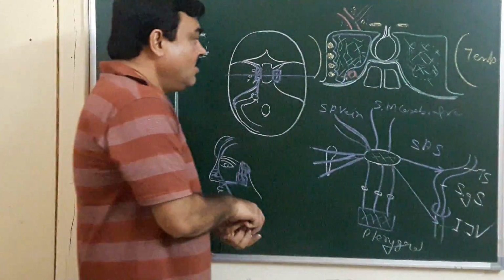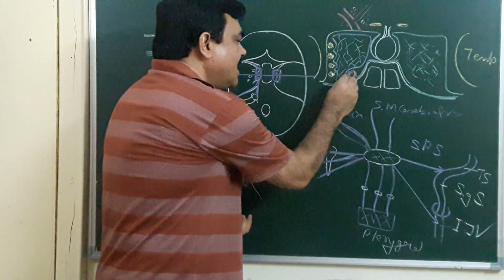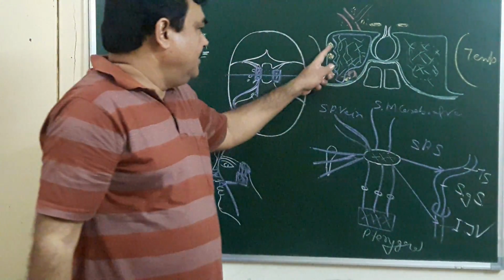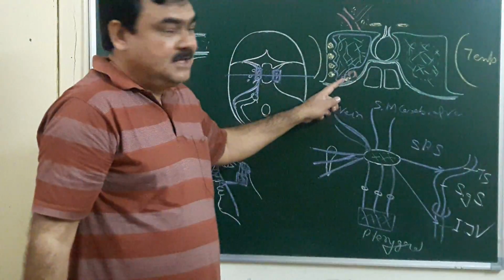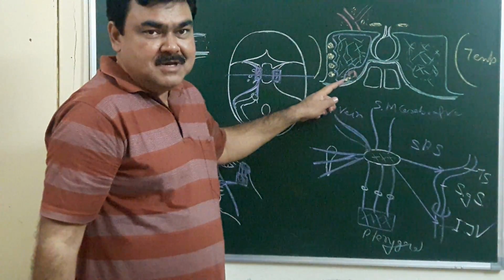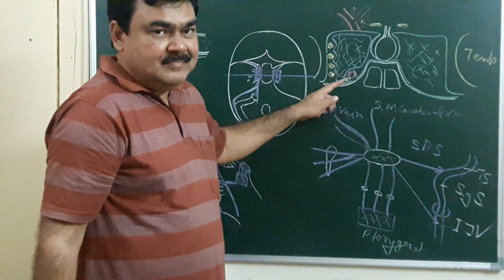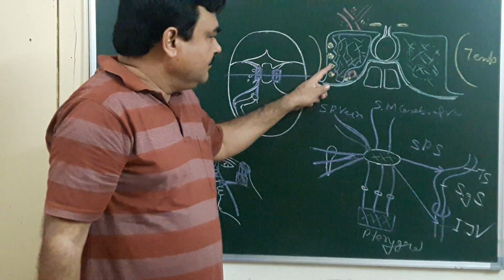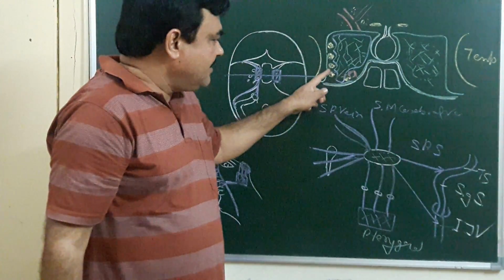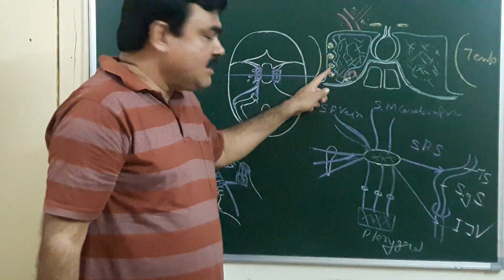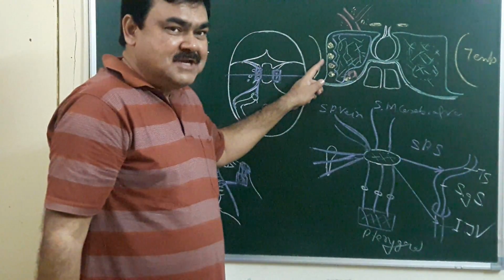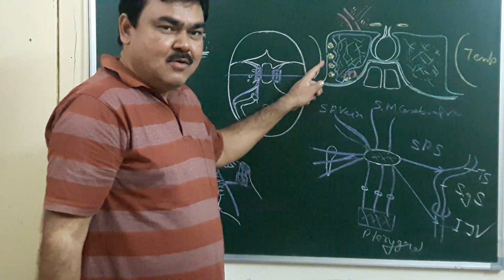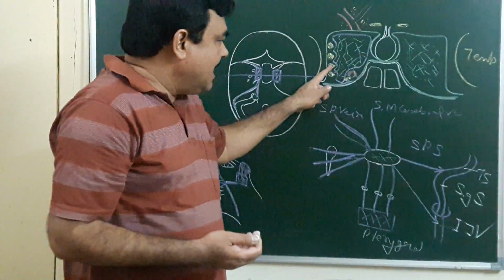These cranial nerves are motor to the extraocular muscles, so if they are compressed, the extraocular muscles become paralyzed. Also, the ophthalmic and maxillary divisions of the trigeminal nerve, if compressed, cause pain over the area they supply.